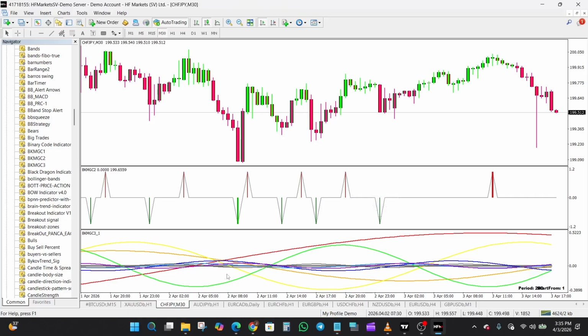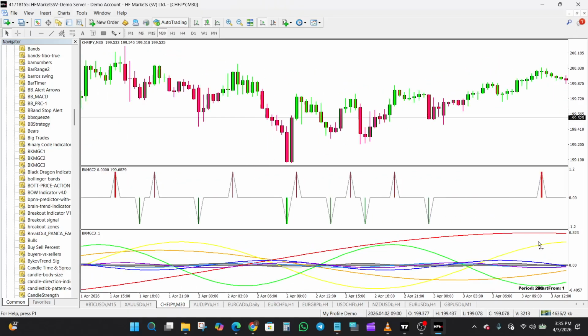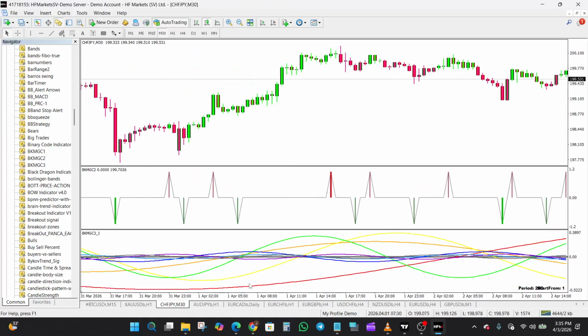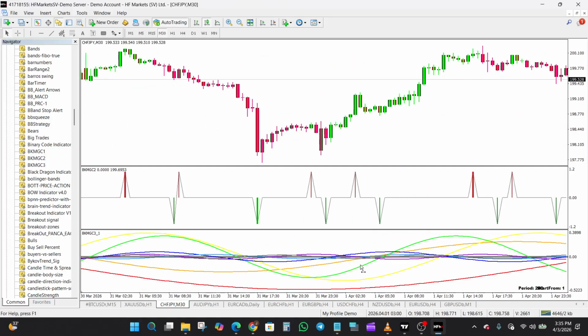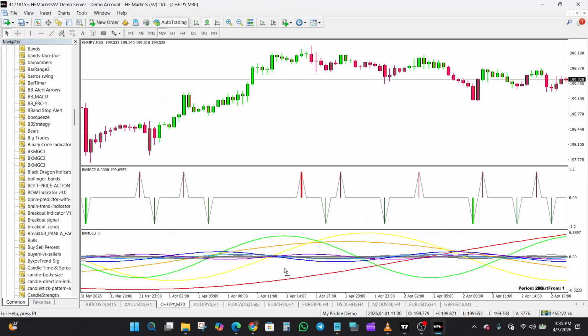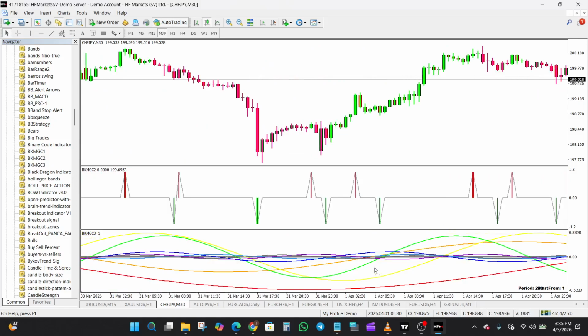All right, and then here we have quite a number of lines within the third indicator window. All right, so you can see that this might be a little bit confusing, but you want to pay attention to the position of the green and the red.